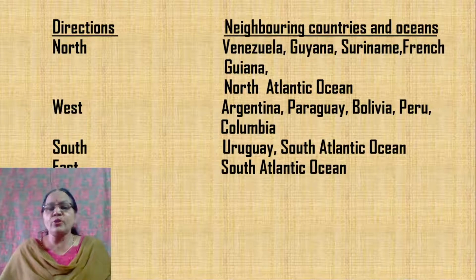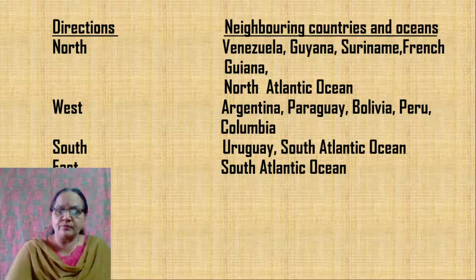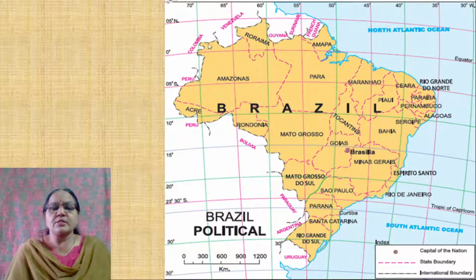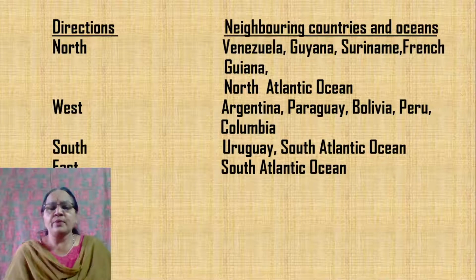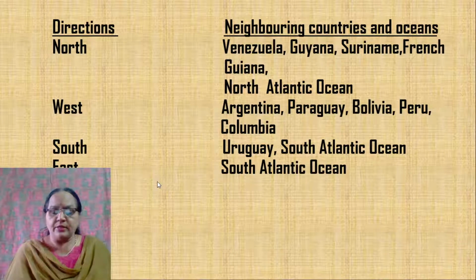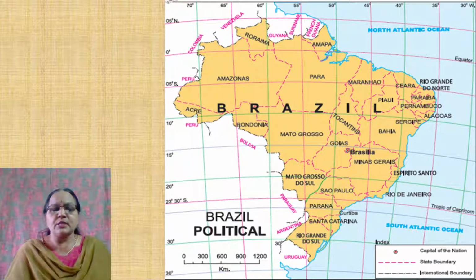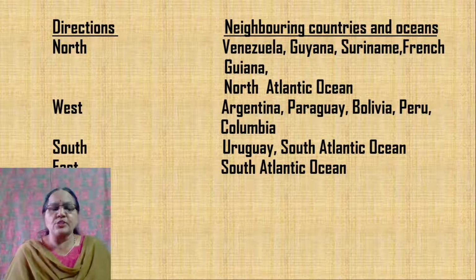Now next we come to neighboring countries and oceans. To the north we have the following countries: Venezuela, Guyana, Suriname, French Guiana, and the North Atlantic Ocean. Then to the west we have Peru, Colombia, Bolivia, Paraguay, and Argentina.